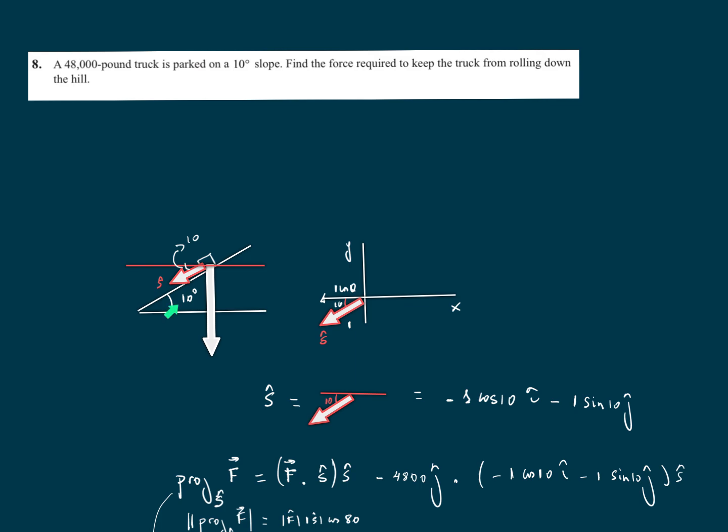So this is 10, and this is 10 also. So it's 1 cosine of 10 in the minus i direction, plus 1 sine of 10 in the minus j direction.